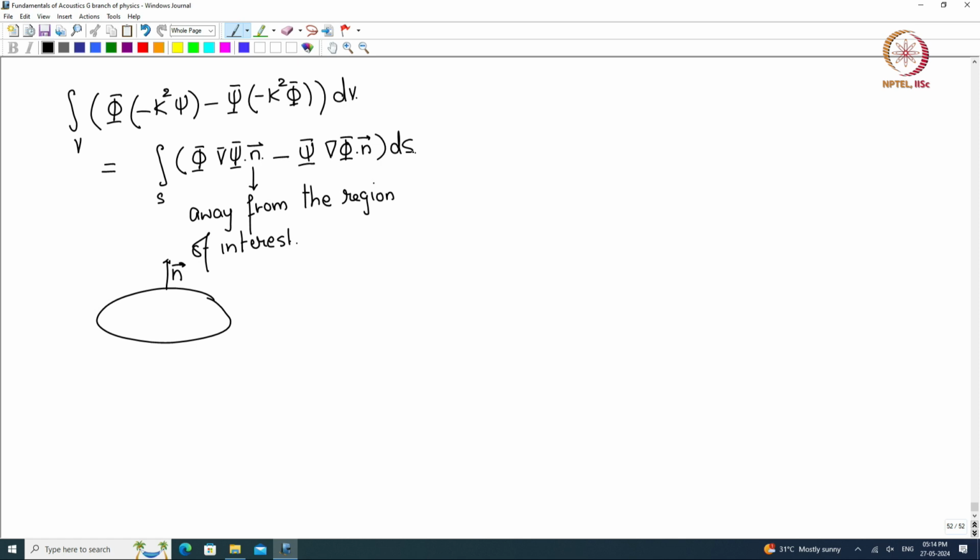Now you can see that the left hand side is 0.